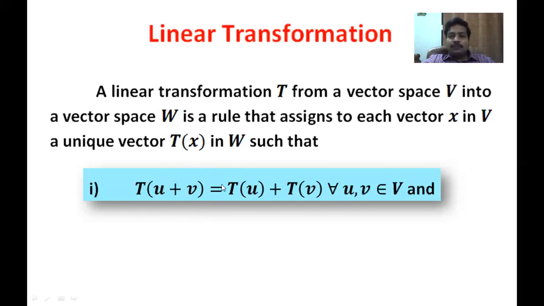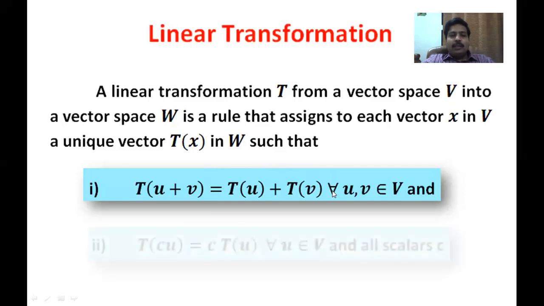This is the first condition. Of course, that example needs to be true for other properties also. Since V is a vector space, your operation must satisfy all the conditions of a vector space. If that is satisfied, for this rule I am giving that example.